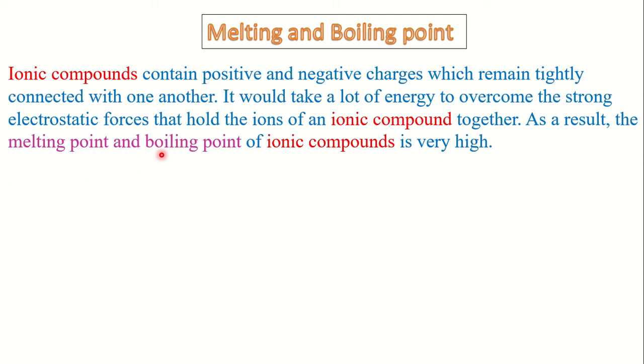It would take a lot of energy to overcome the strong electrostatic forces that hold the ions of an ionic compound together. That means when you want to melt the ionic compounds, you have to break the ionic bond, which is held in between a cation and an anion. As a result, the melting point and boiling point of ionic compound is very high.